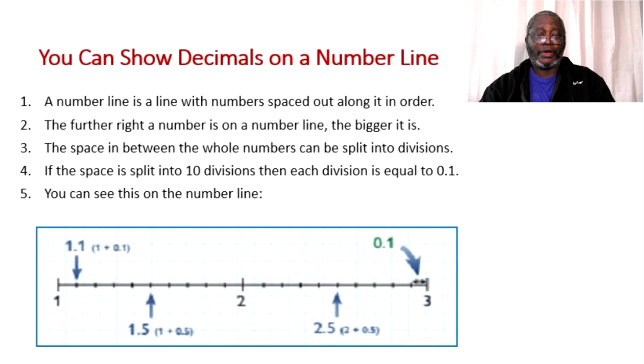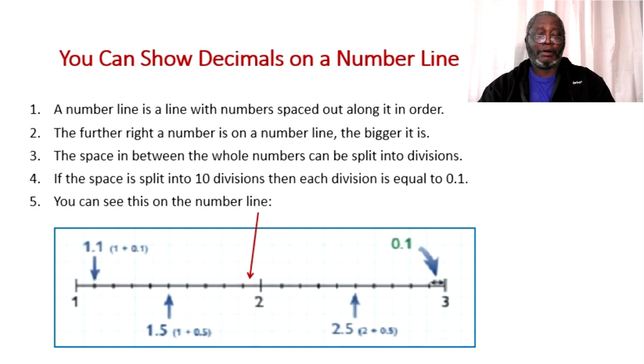In the middle, you have 2.1, 2.2, 2.3, 2.4, 2.5, which is marked, 2.6, 2.7, 2.8, 2.9, and then 3. You get my drift now. So there again, you'll see the arrow pointing to the number line, and those little dots and strokes are just the values of the divisions on the number line.